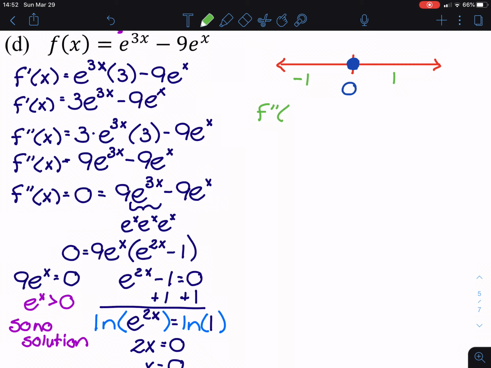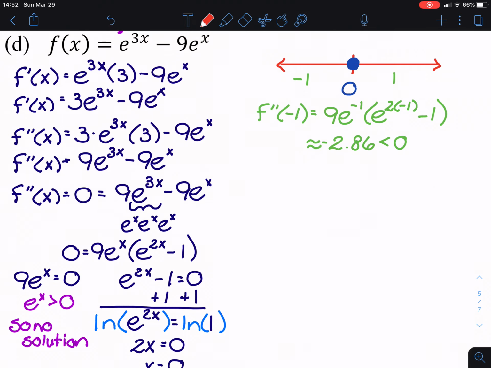If I put -1 in, I have 9e to the -1 times e to the 2 times -1 minus 1. If I calculate that out, this comes out to be approximately -2.86, which is less than 0.